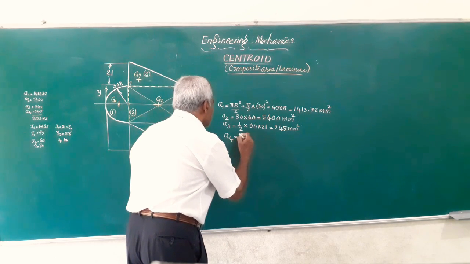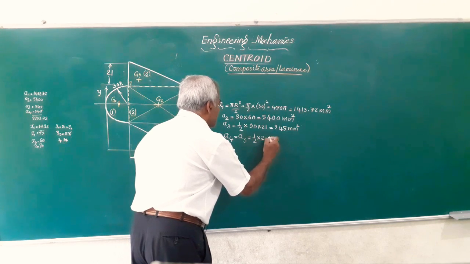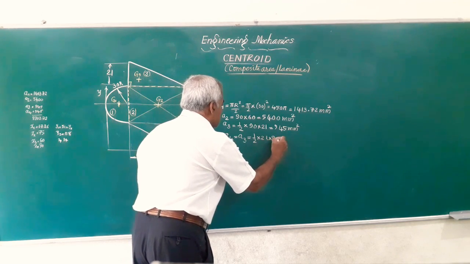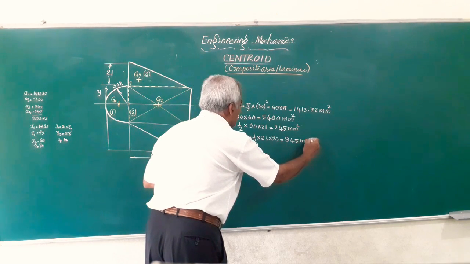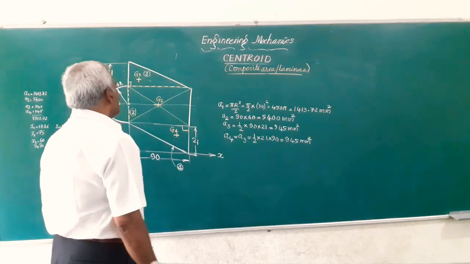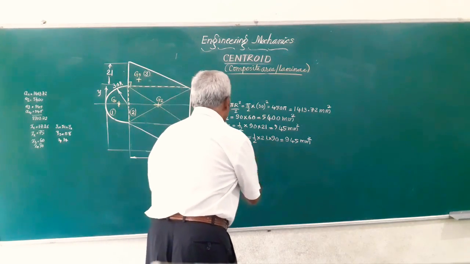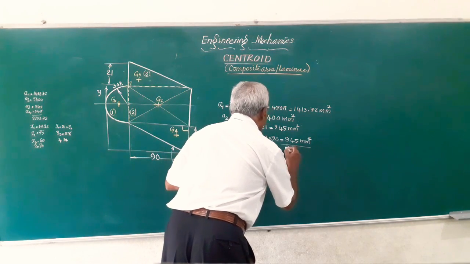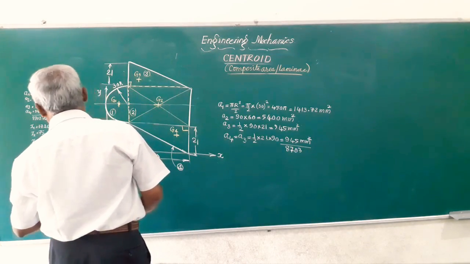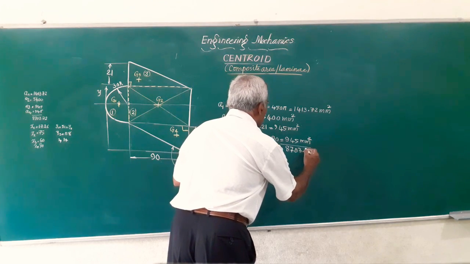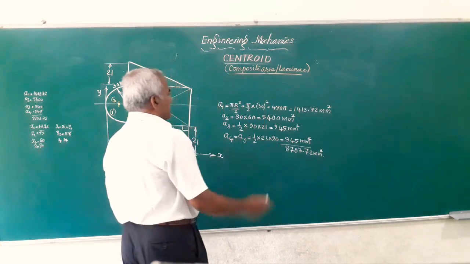So A4 is equal to A3, half the base into height, 21 into 90, that works out to 945 square millimeters. We have calculated the areas of all these individual figures, and the total area works out to 8703.72 square millimeters. This is the total area of the composite plate, which you can call A.